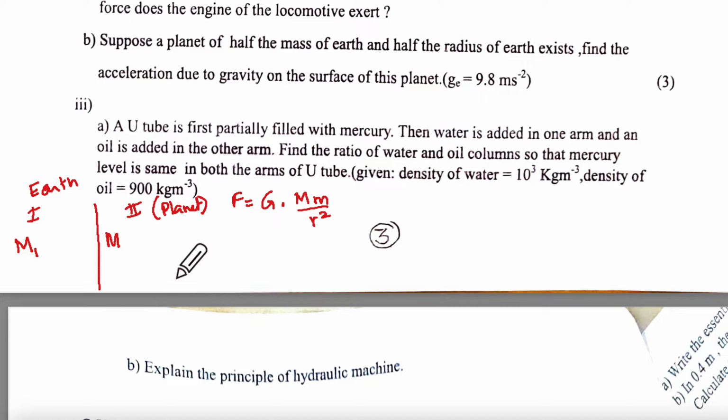So if this is M, then M2 is M upon 2. And if R1 is R, then R2 is how much? Half the radius. Correct? Find the acceleration due to gravity.